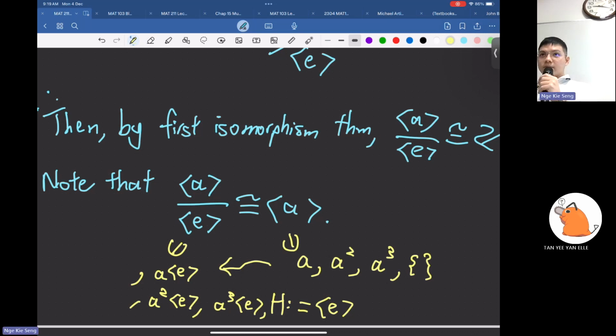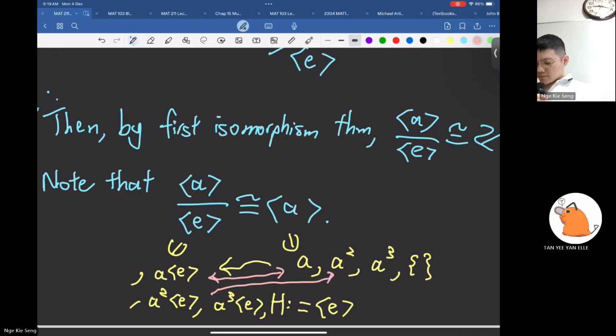Does it make sense? So there's some subtlety here, okay, but they behave the same. That's why we say isomorphism. Make sense? Okay. So A times the trivial subgroup corresponds to A under this isomorphism.